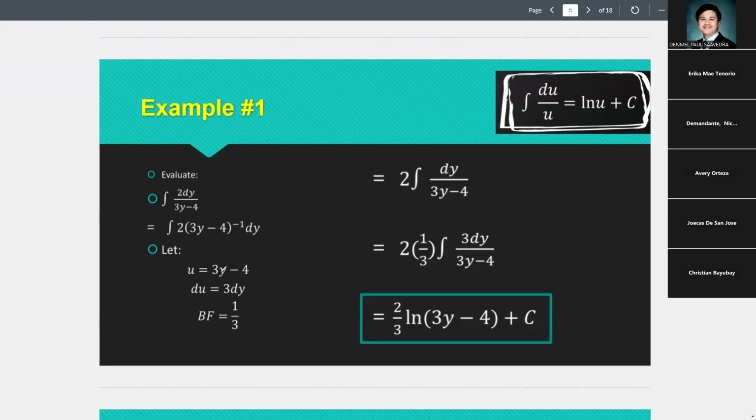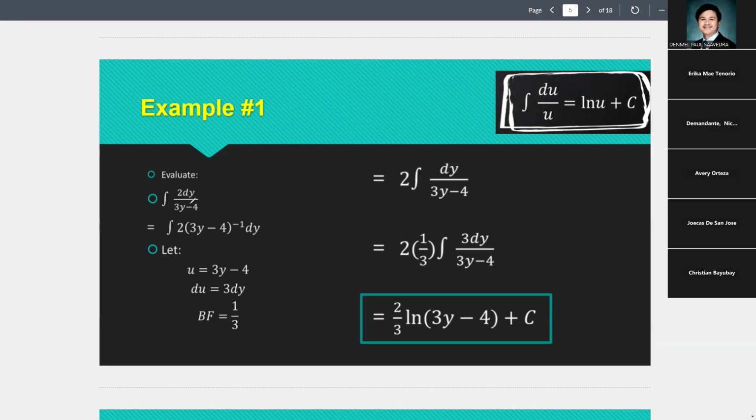The derivative of 3y minus 4 is 3 dy. Okay, all right. So yes, this is the correct one.